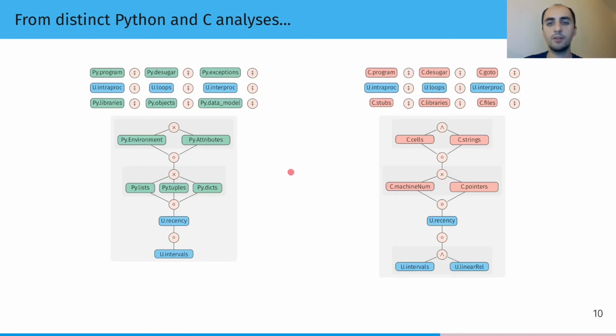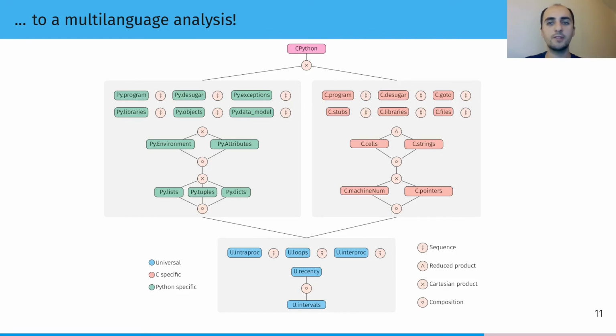And as you can notice, the abstractions of dynamic memory allocation here, of numerical domains here, and iterators here and there are shared in what is called universal domains. And thanks to MOPSA's design, combining both analyses to obtain the basis of the multi-language analysis is just a matter of recombining the abstract domains. In particular, the so-called universal domains in blue are shared by the two languages.